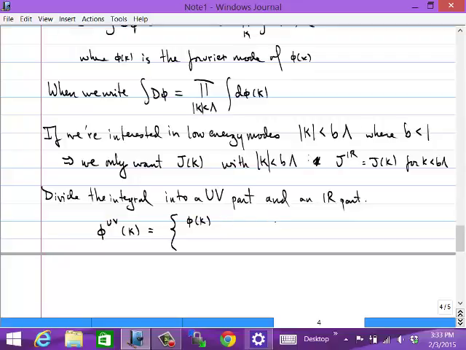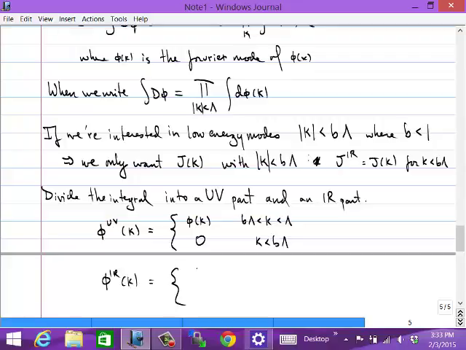Sorry, I'm not writing that clearly. And phi IR to be the set of field modes with k less than b lambda.